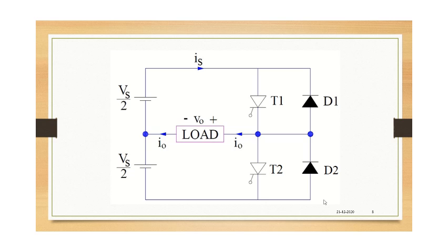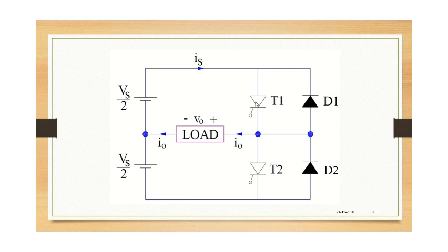When we discuss RL load, we will discuss D1 and D2 and their role. Right now, for resistive load, D1 and D2 have no role. Since it is a popular way of having the circuit, here it is shown. All right. Now observe what happens when the DC input, Vs, is split into two parts.